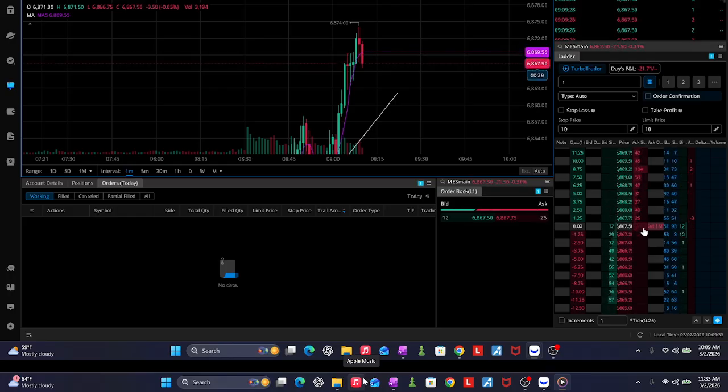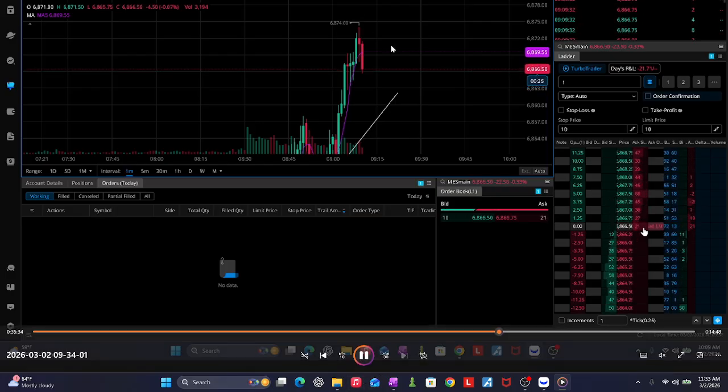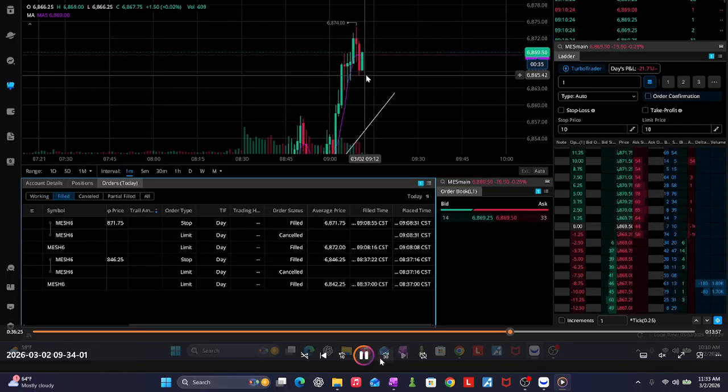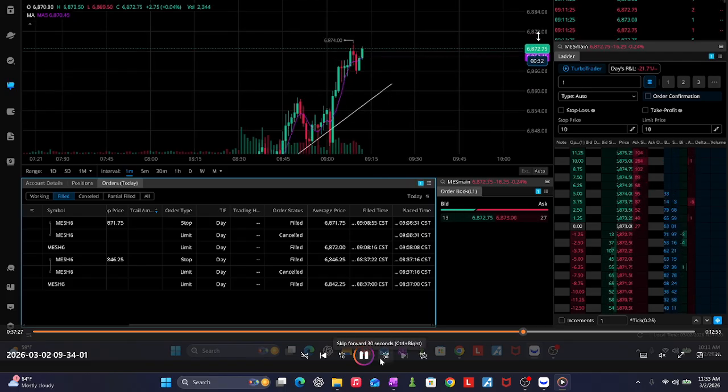But as you guys can see, I ended up missing the move. My entry was at the 72 level. My stop was the 76, a little bit above this high, giving it leg room to move around and do whatever it needed to do. And then targeting my 3 to 1, which would have been 60.